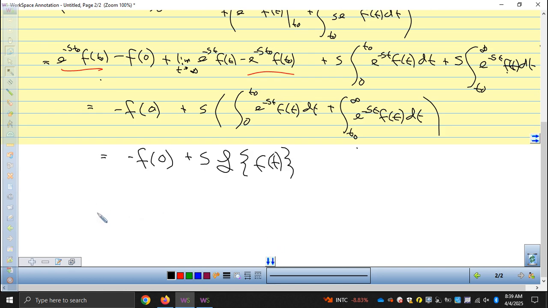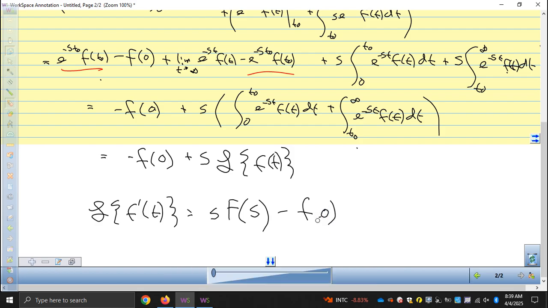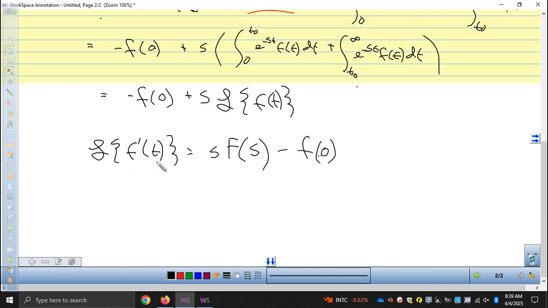And we could write the Laplace transform of f prime of t equals s F of s minus f of 0. So it's just a straightforward application of the definition of the Laplace transform and integration by parts. And then to get our higher order derivatives, we just apply this recursively.